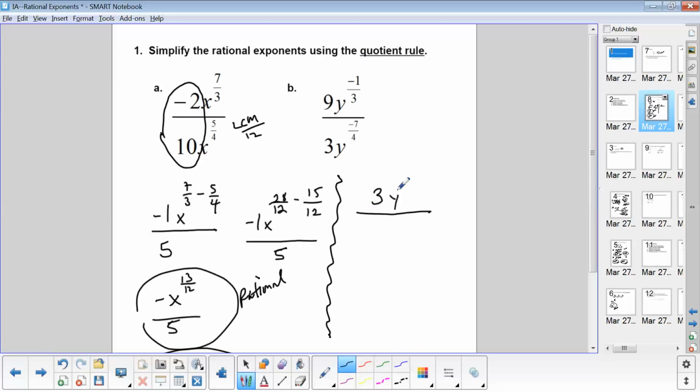And so now that's going to give me y to the negative 1/3 subtract negative 7/4, and all that's divided by 1. And so I get 3y to the negative 1/3 plus 7/4, which makes the LCM 12.